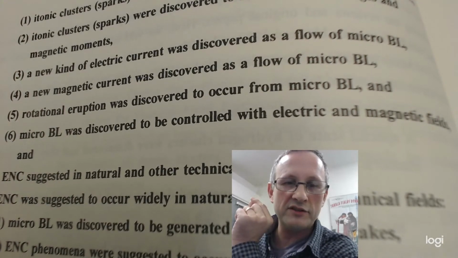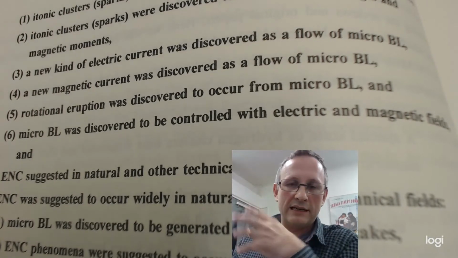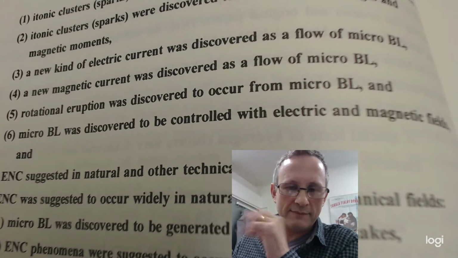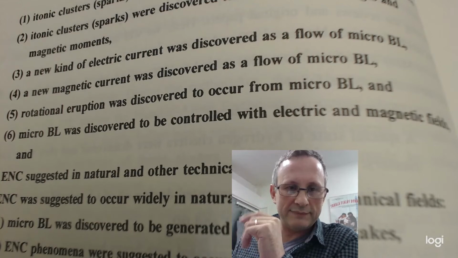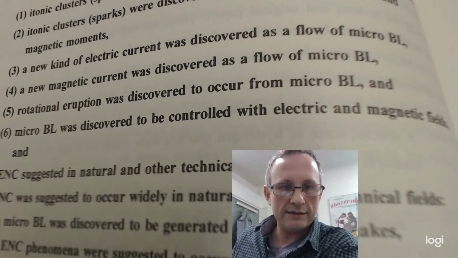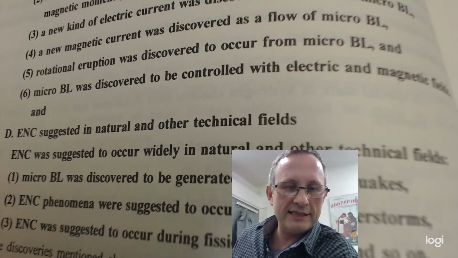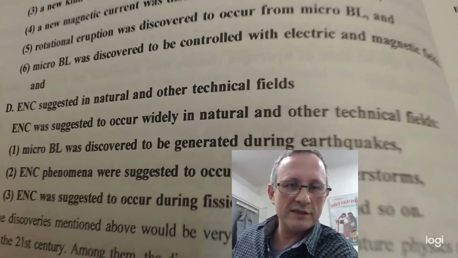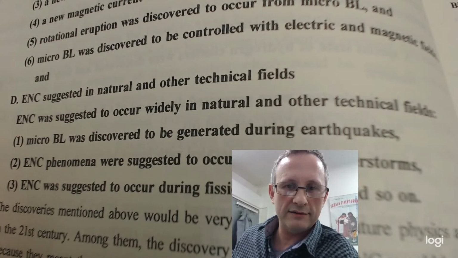Microball lightning was discovered to be controlled with electric and magnetic fields. This is something that was clearly described by Ken Shoulders. He used Penning traps, which are exactly this, a combination of electric and magnetic fields, and so forth. So, electronuclear collapse was suggested to occur widely in natural and other technical fields.